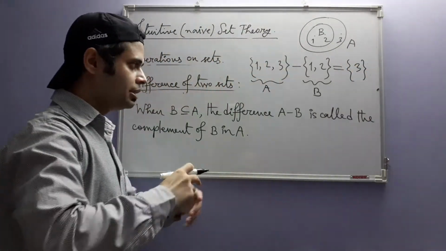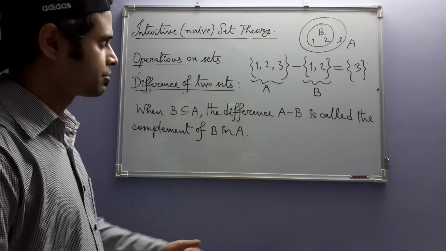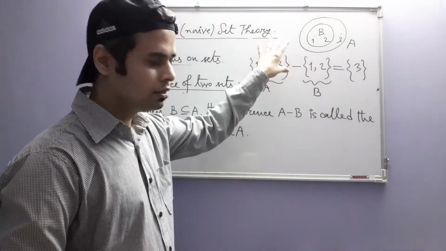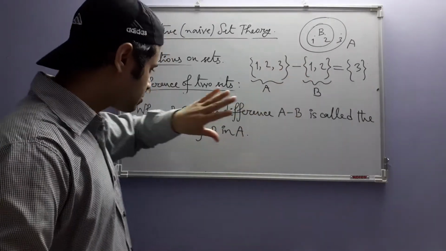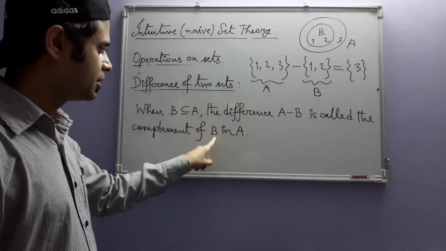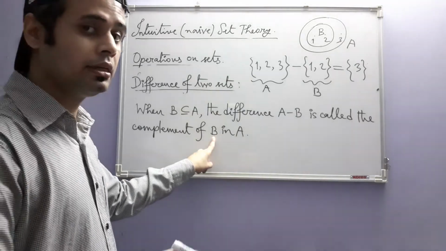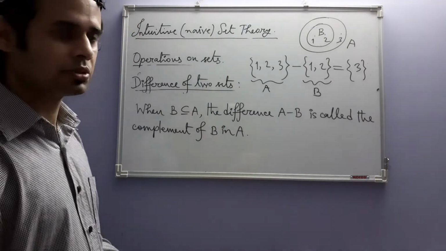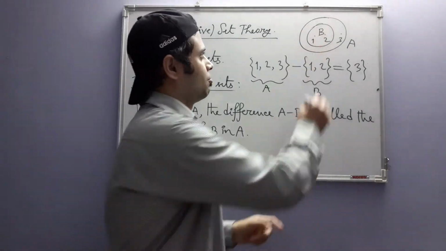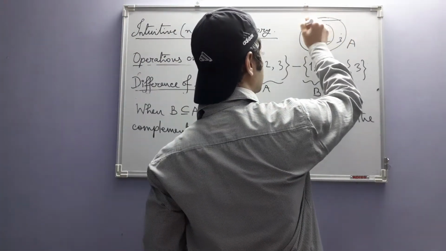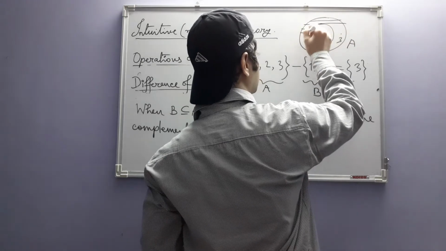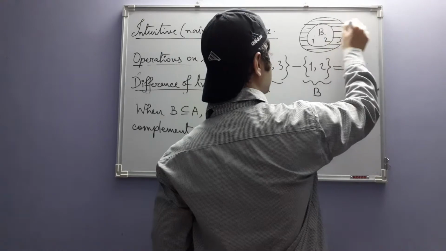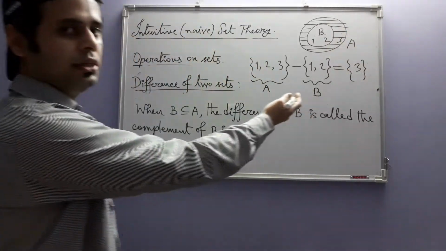So this difference in this special case where the set that I am subtracting is a subset of the first set is called the complement of the set being subtracted in the first set. That is, whatever is not in the subset. This is the subset. Whatever is not in the subset, this is the complement of the subset. And in this case, you clearly see it's 3.